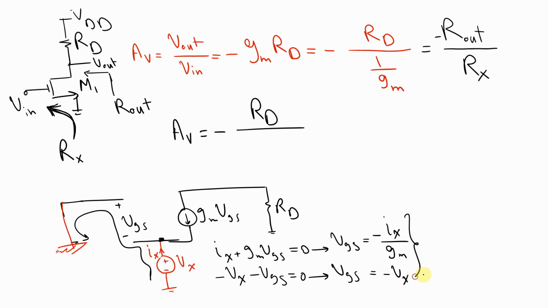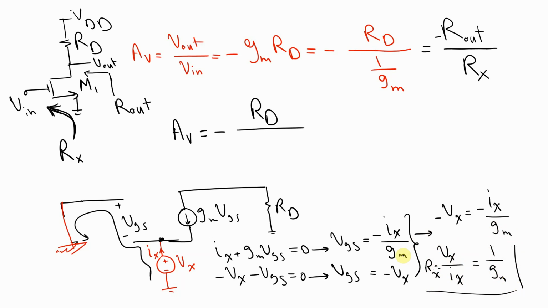As you can see, by using these two formulas and substituting VGS with minus Vx in this formula, you get minus Vx equals minus Ix divided by gm. So Vx divided by Ix, which is Rx, equals 1 divided by gm.